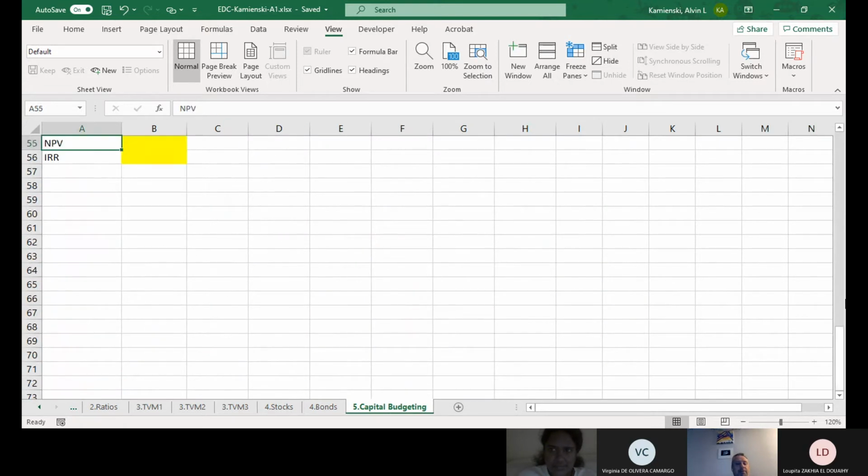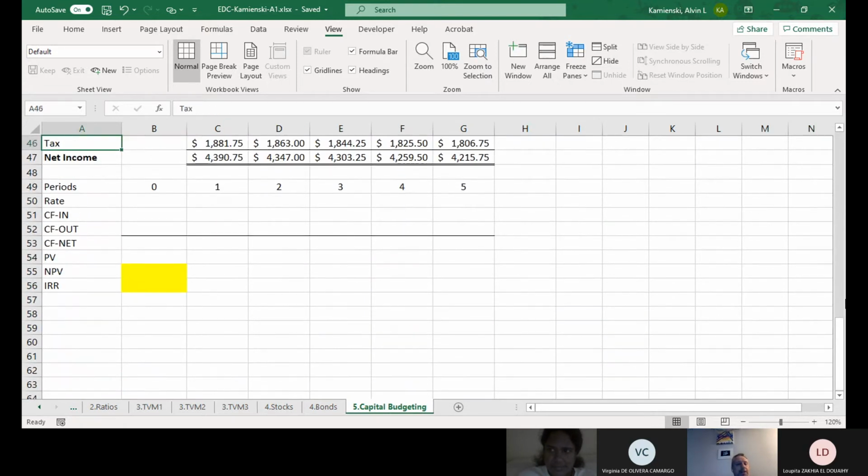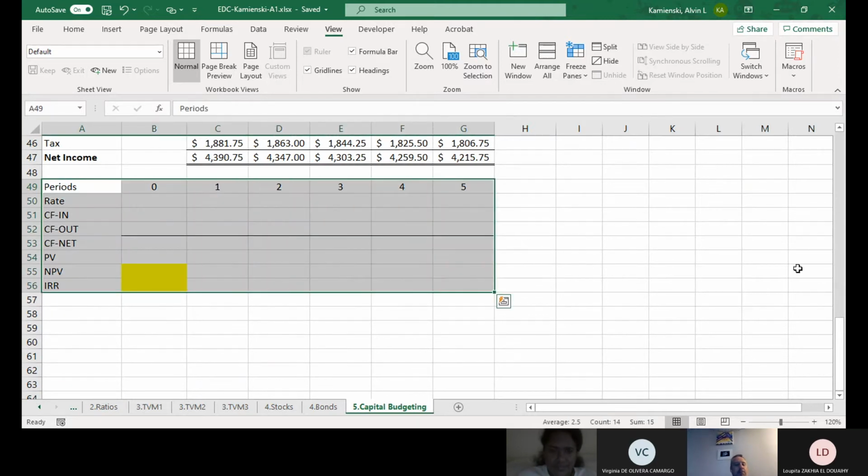So if we look at the bottom of our spreadsheet, here is where we're going to put together our cash flows model. So we'll use the basic principles of time value of money, where we have cash flows that come in or out, we have the opportunity cost of capital, which is our rate, that will occur over time.